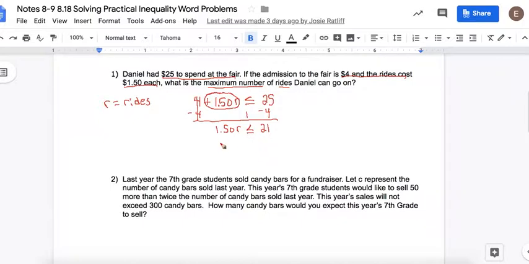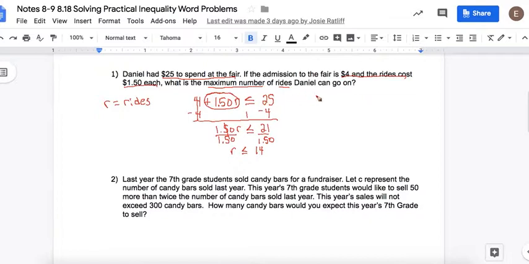I have one last step because I still don't have R by itself. The opposite of multiplication is division. So we're going to divide both sides by $1.50. $1.50 divided by $1.50 is a 1 in disguise. So R is less than or equal to 14.